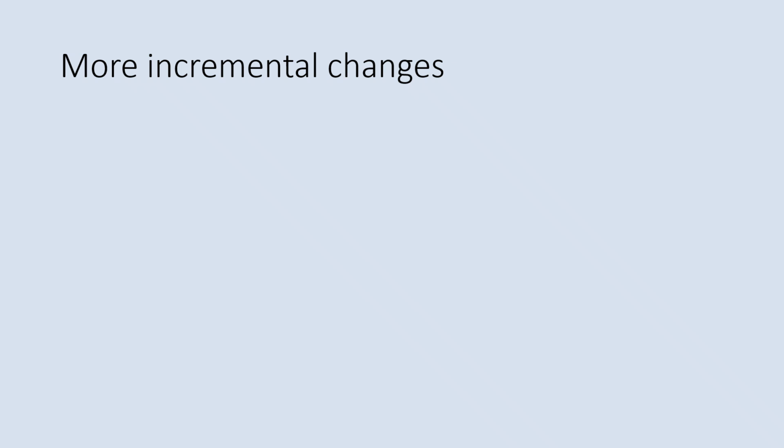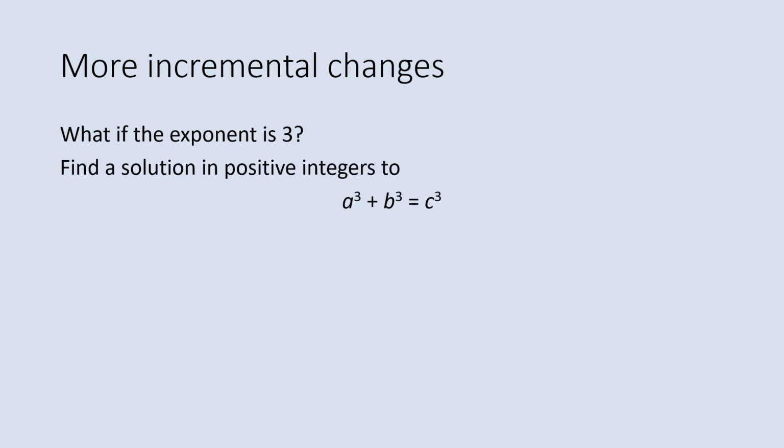All right, so with our equation a squared plus b squared equals c squared, let's consider some other incremental changes that we could do. We had the exponent as 1 in every case, then we made the exponents all 2, or we worked our way up to that. What if we just made all of the exponents 3?